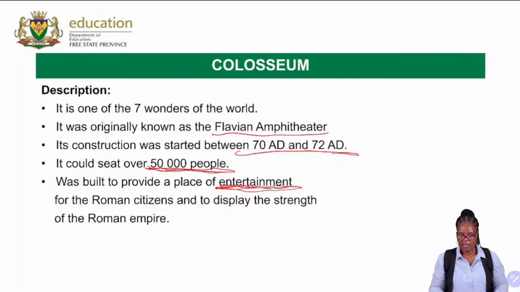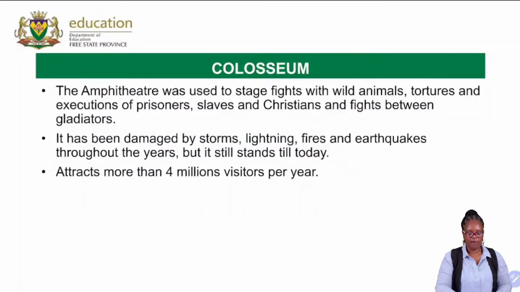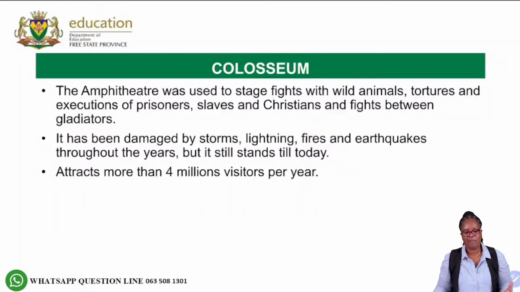We have people fighting with wild animals. To them, it was a form of entertainment. Wild animals would be fighting people. Then it was used again for torture and executions of prisoners.